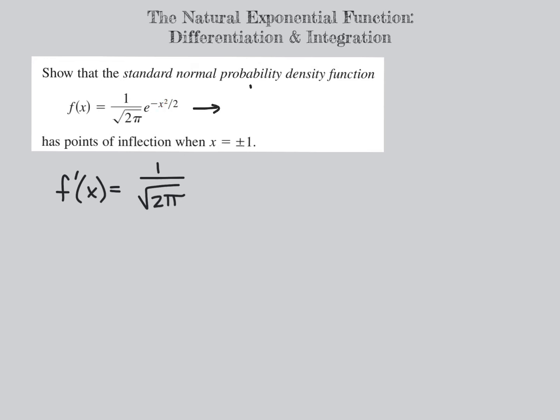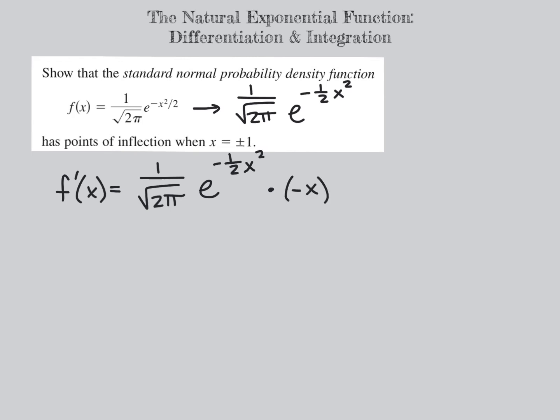Now, just so we're aware, I can just rewrite this original function as e to the -1/2 x squared, if that's helpful. All right, now we're going to take the first derivative, so we'll have e to the -1/2 x squared. Then we need to multiply by the derivative of u up here, the derivative of the exponent. So the derivative of -1/2 x squared is going to be -x, using the power rule.